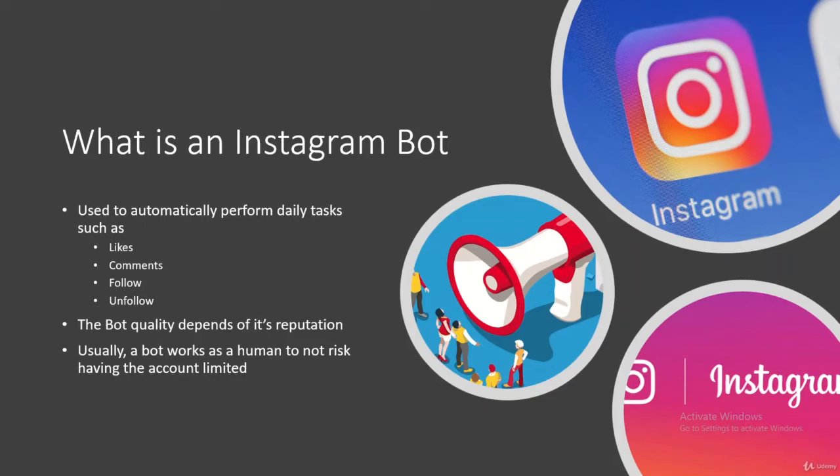What is cool about this is that quality bots will perform tasks in really high quality. They copy the way that a human being would perform those tasks. It will not just follow 100 people in one shot. It will take its time and follow people based on how a human would work.